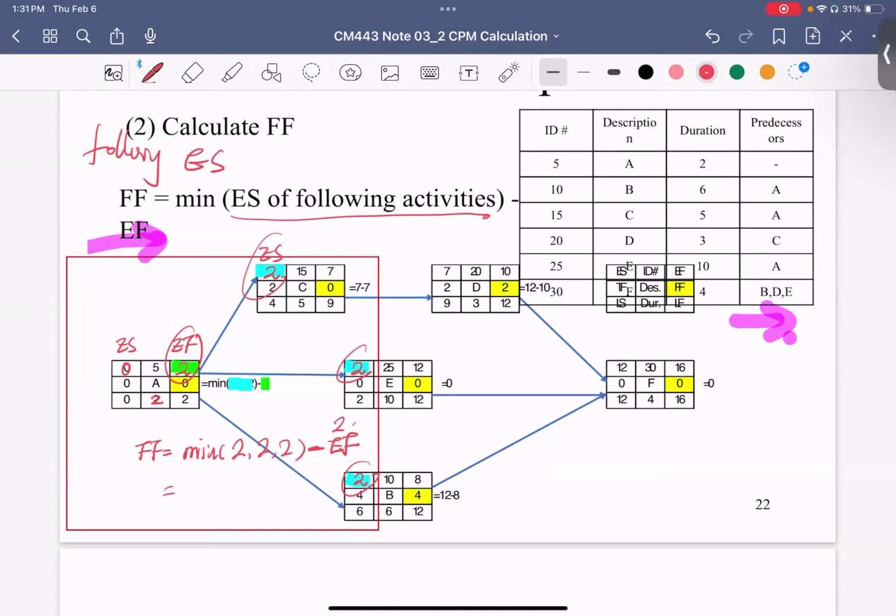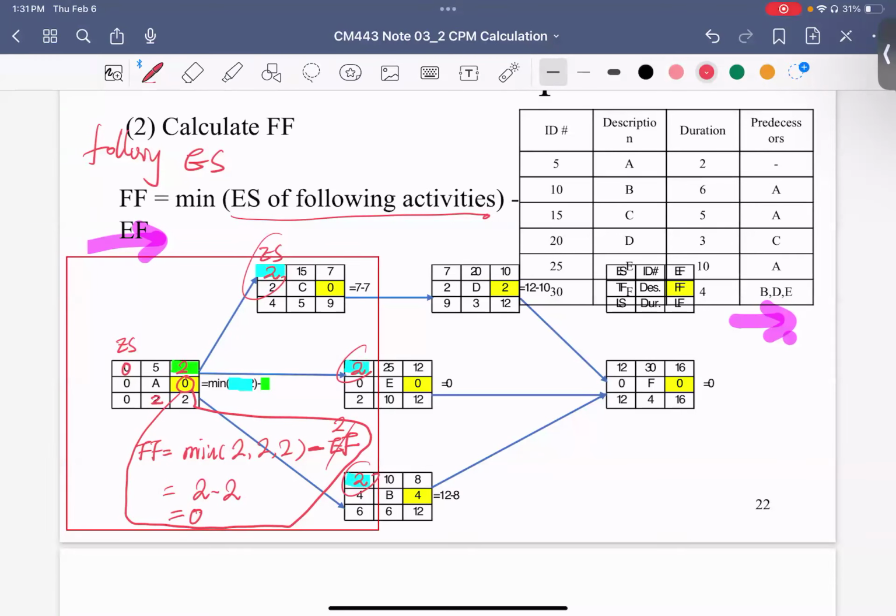So this is 2, okay? We get 2 minus 2, which is 0. So we put 0 here. That is how we get 0 here: there's 2, and this 0 comes from here.